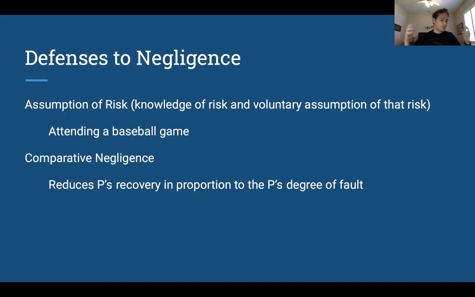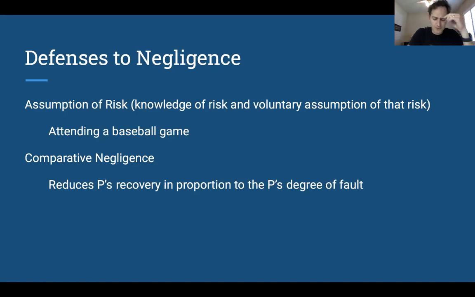You get sued for negligence. Things aren't looking very good for you based on what I've told you so far, right? You will probably have to pay the damages of the person that you hit. Why? Because you were driving negligently.